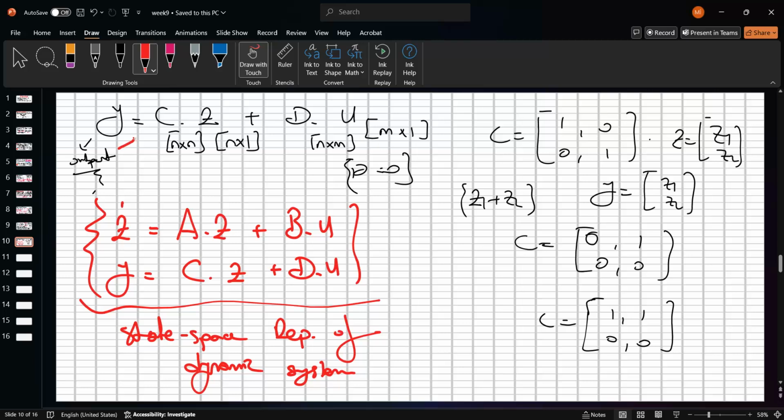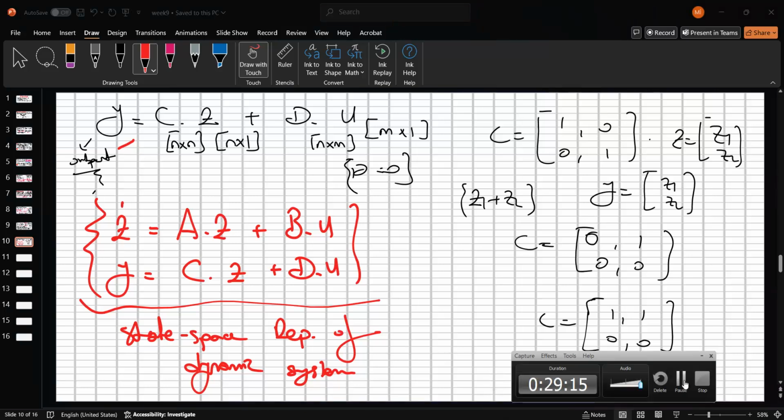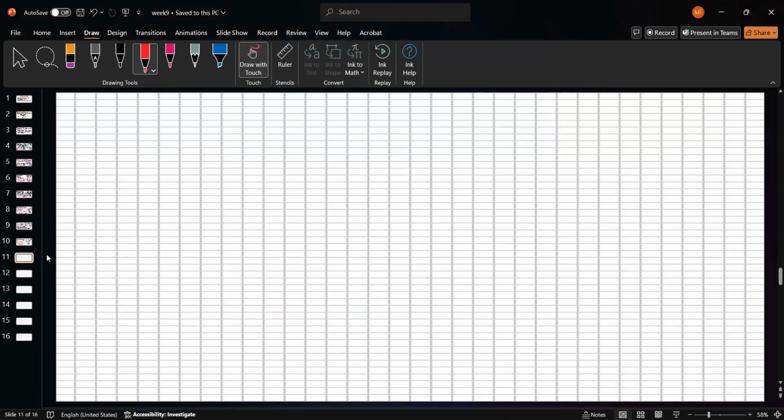This is the measurement matrix. So we have another important topic about this. If this is the state space, we can convert TF to SS or SS to TF.